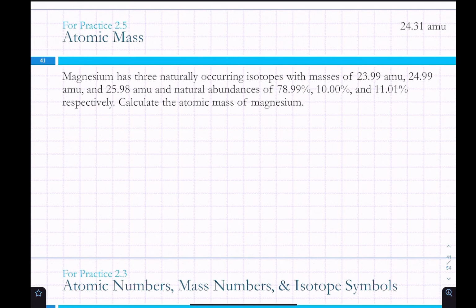The first key thing on these problems is always convert the percentage into a decimal. There's hardly any time where you use percentages as percents, except when you're explaining something.